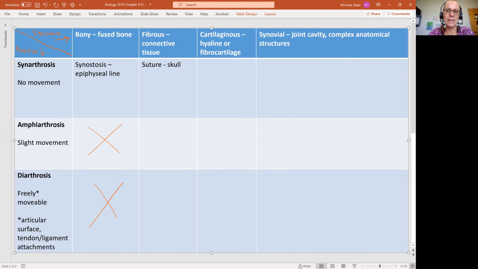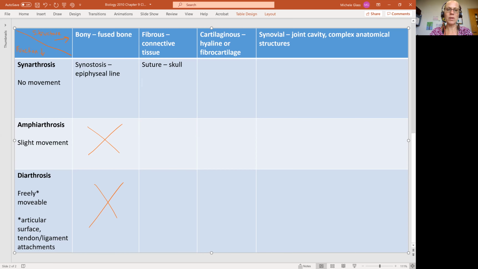All of these are examples. Here you have a little bit of this connective tissue in between the bones of the skull. Depending on the point of development, you might have a little bit of movement, but ultimately these joints are immovable, and so we would describe that as synarthrosis.